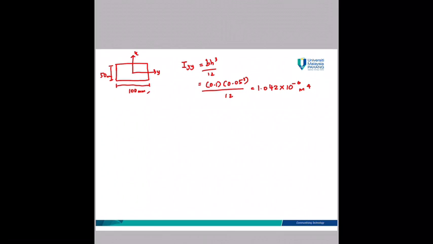After you calculate your I, then you can calculate your r. rxx is equal to the square root of Ixx divided by area, and ryy is equal to the square root of Iyy divided by area. Area is b times d.